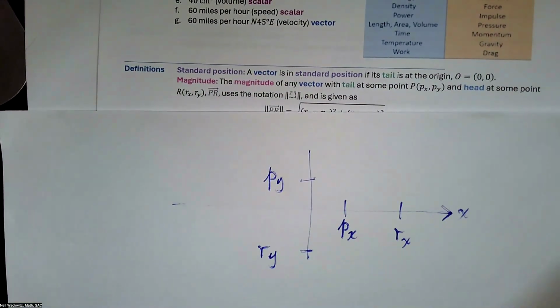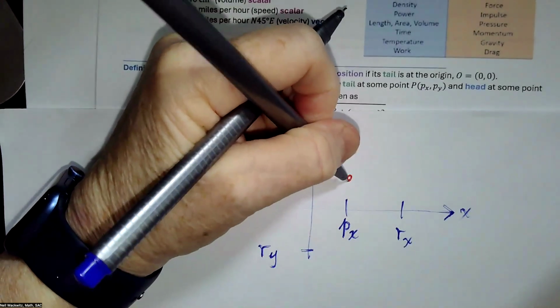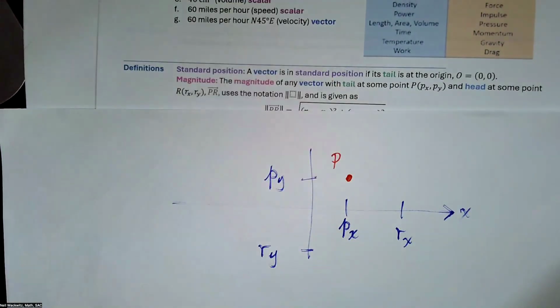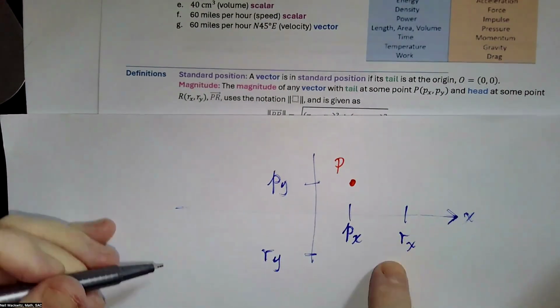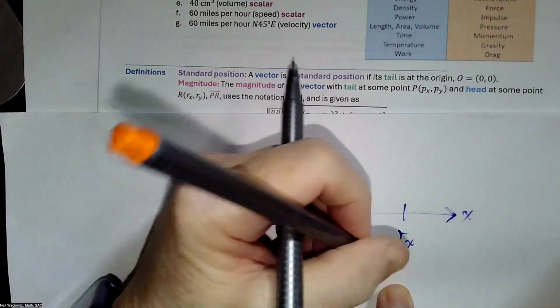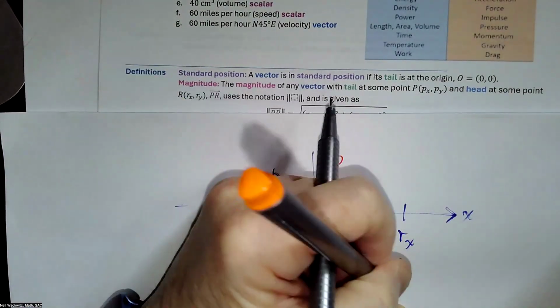So that means that point P is in quadrant 1, and point R, let's see, is in quadrant 4.